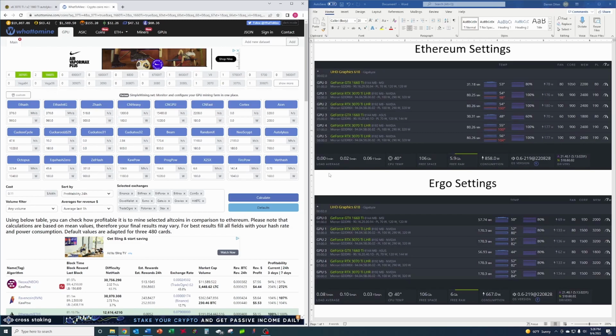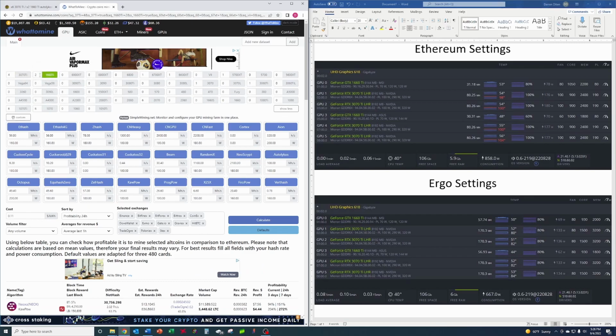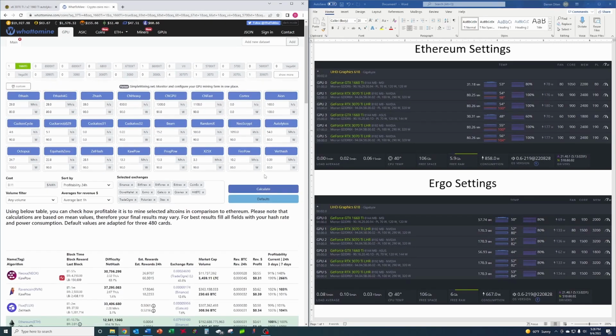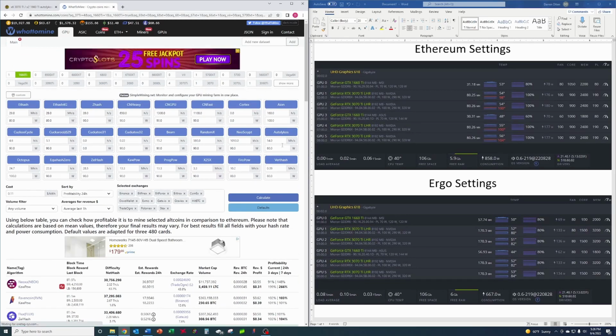And what you can do for kind of a gut check to see if they're approximately right is compare individual GPUs, right? So let's say for one 1660 Ti, we'll calculate it. It should be, on the Autolycos algorithm, around 80 watts and 54 mega hash.